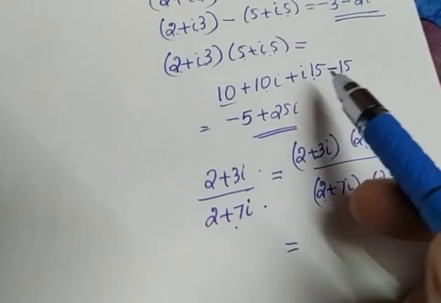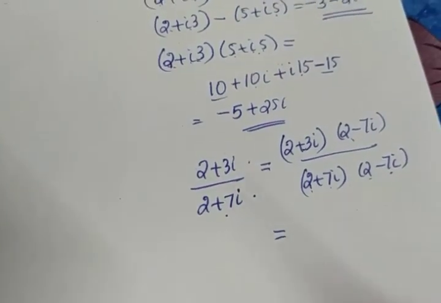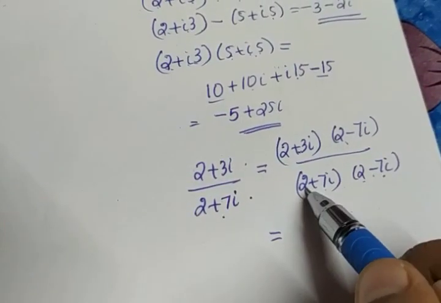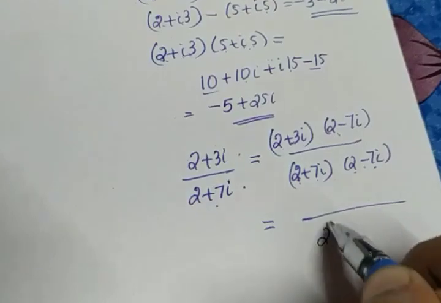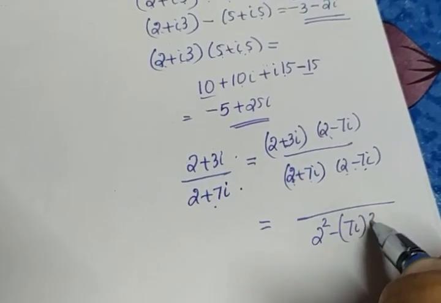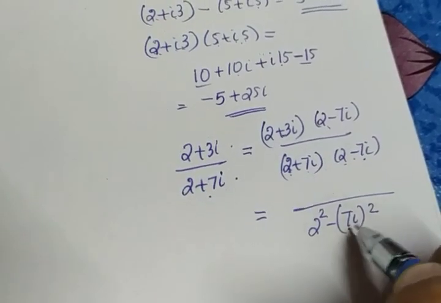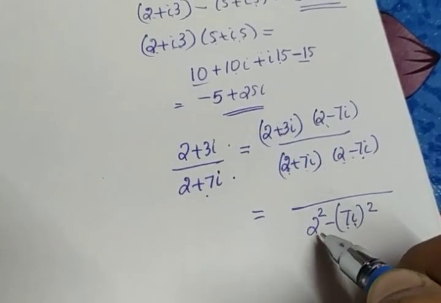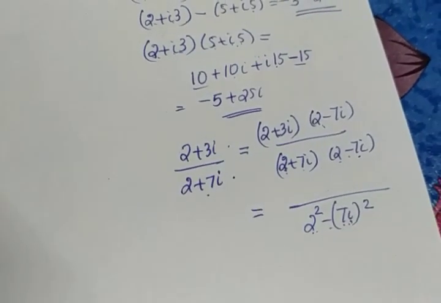The numerator you can expand using ordinary multiplication, and the denominator becomes a square minus b square, that is 2 square minus 7i the whole square. 7i the whole square is actually 7 square into i square. 7 square is 49, i square is negative 1. So this will become 4 plus 49, and you can simplify and write it in the form a plus ib.